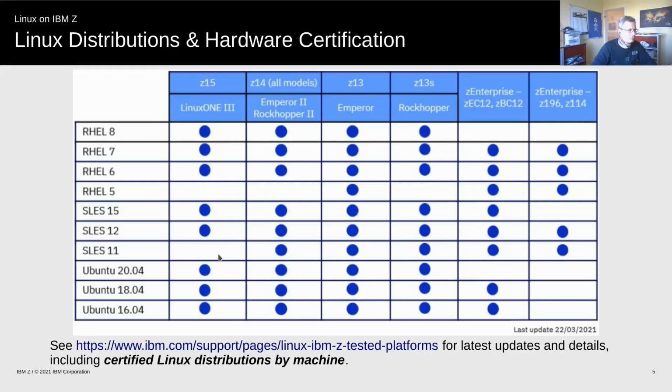SUSE did not formally support it on z15. We didn't introduce the required patches. But what can also happen is that a certain Linux distribution doesn't run on an older piece of hardware anymore. So Red Hat 8 would be a respective example that was optimized for z13 or later, so it won't run on a z12 anymore. And that's also part of the charm of this table.